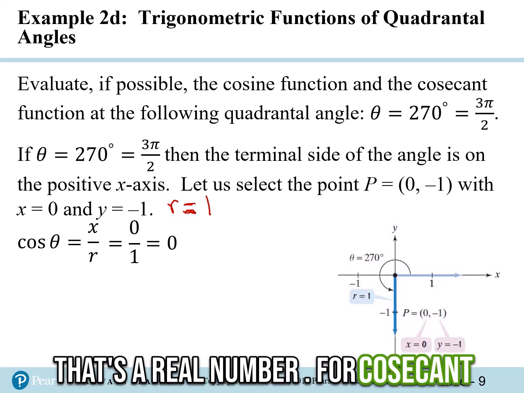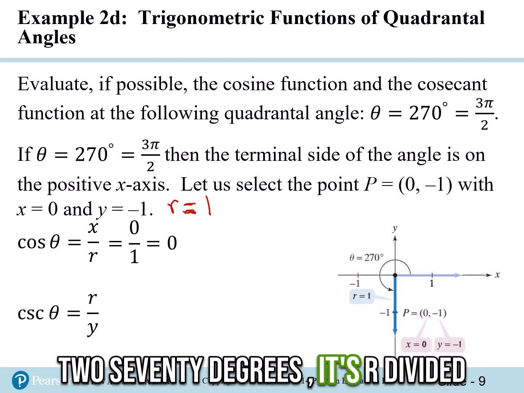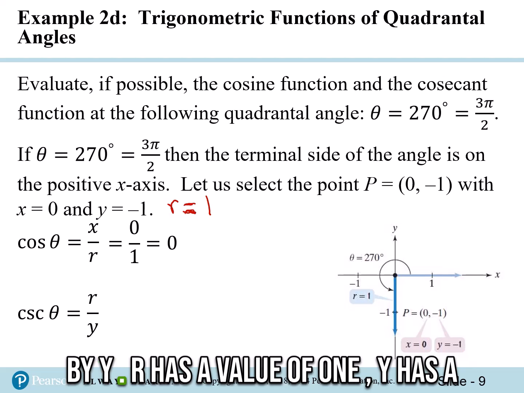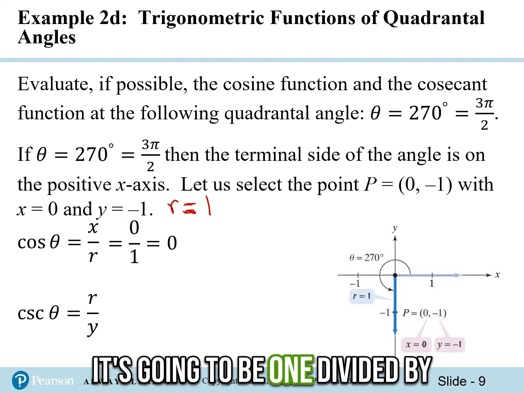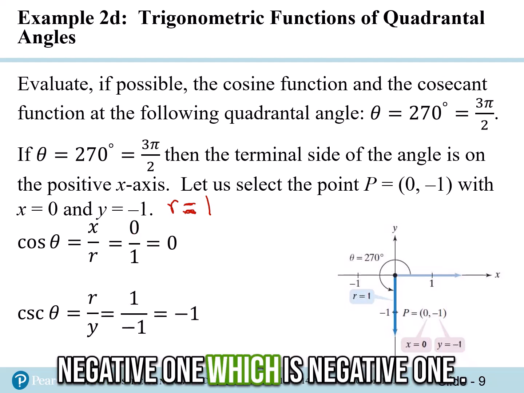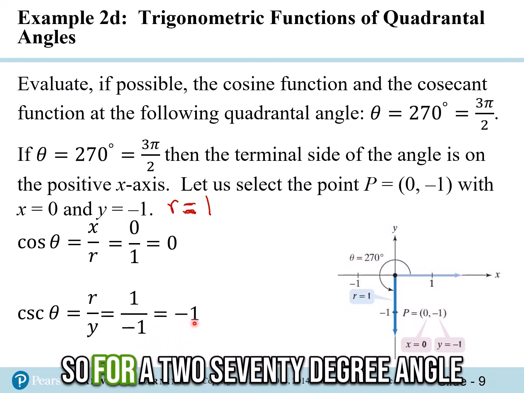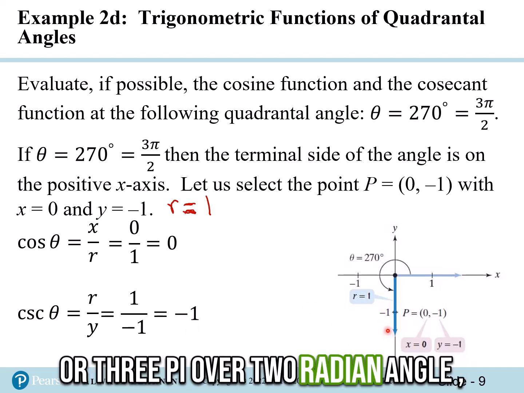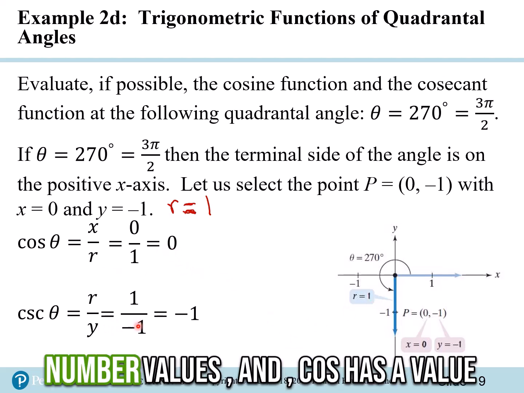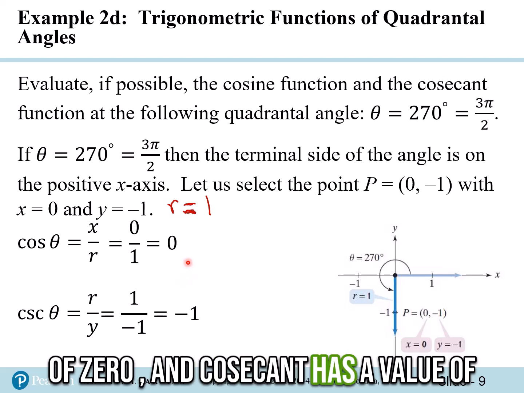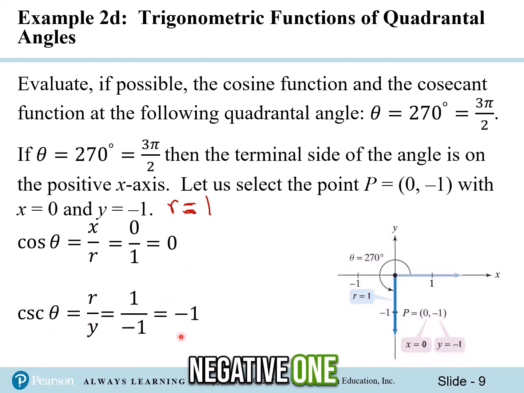For cosecant 270 degrees, it's r divided by y. r has a value of 1, y has a value of -1, so it's going to be 1 divided by -1, which is -1. So for a 270-degree angle or 3 pi over 2 radian angle, both cosine and cosecant are real number values, and cos has a value of 0 and cosecant has a value of -1.